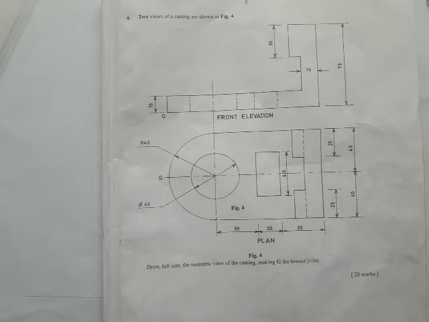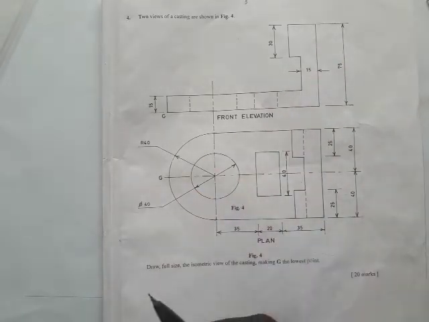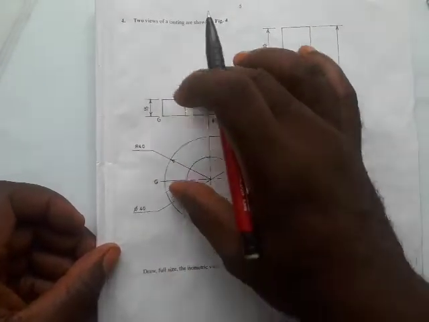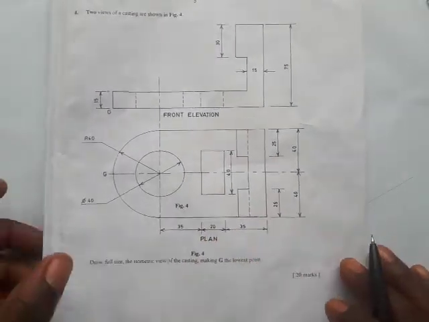So I assume at this point that you're already familiar with orthographic projection and you're advanced already. Because I'm not going to be doing very detailed explanation, since I already did that in previous videos. So our main purpose is to convert this into what? An isometric. All right, so straight up.